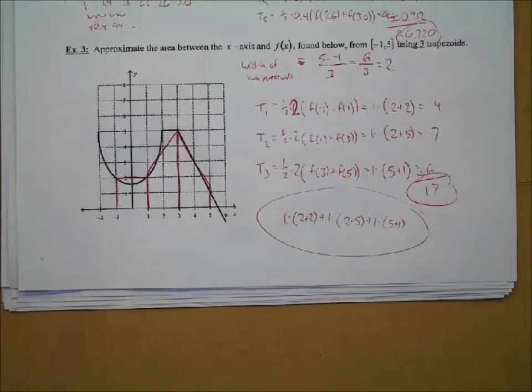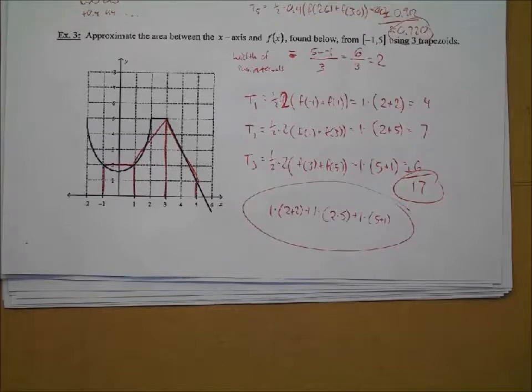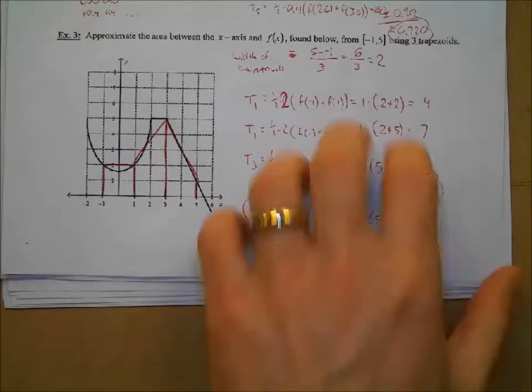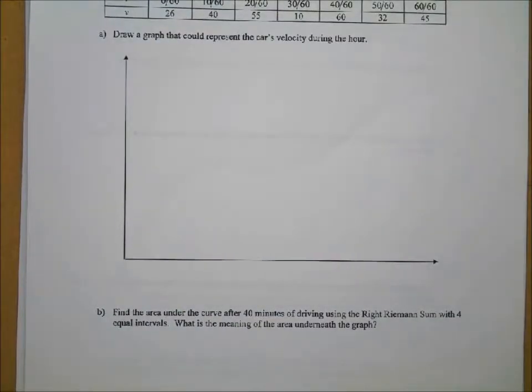Remember, you do not need to simplify arithmetic in a free response question. In fact, I would caution against it because you might make an arithmetic error, and that would cost you a point. Either one is acceptable. All right, let's move on. In example 4, now of course we've got a table.